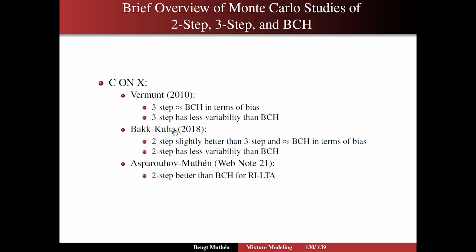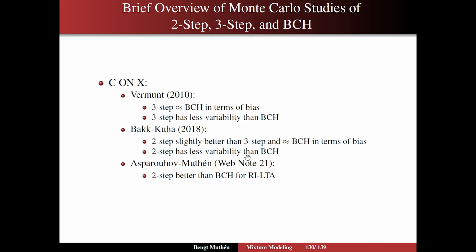Bach and Kua, in their 2018 article, show that 2-step analysis can be slightly better than 3-step and approximately equal to BCH in terms of bias. But 2-step has less variability than BCH.